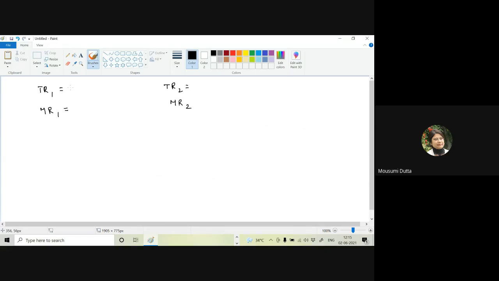It is 100 Q1 minus Q1 square. And what is TR2? 80 Q2 minus 2 Q2 square. So my MR1 will be 100 minus 2Q1, and MR2 will be 80 minus 4Q2.